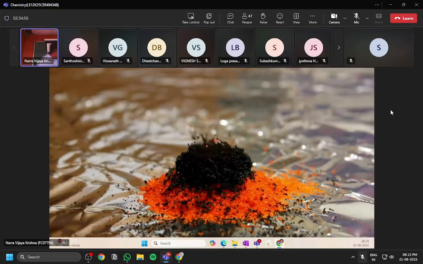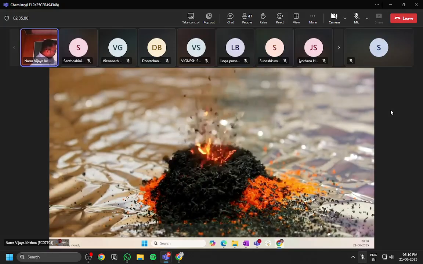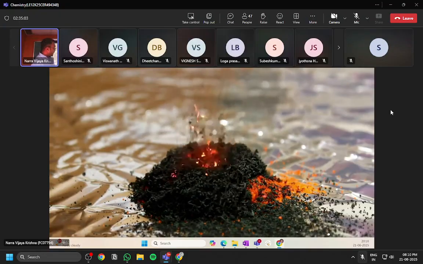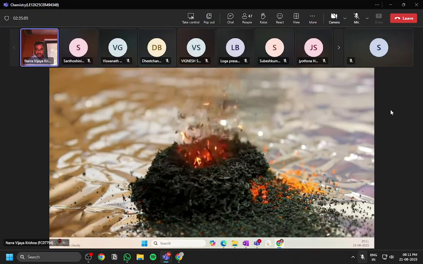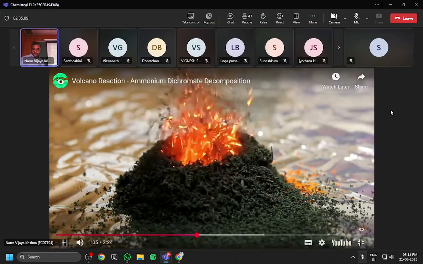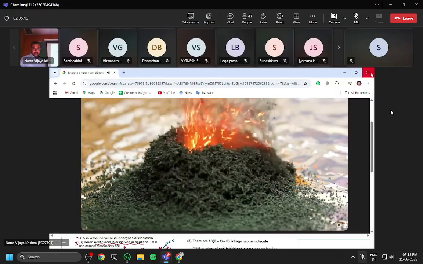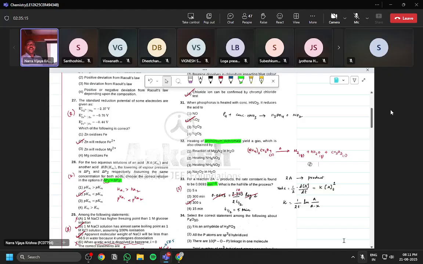So N2 gas and steam is evolving out. Cr2O3 is sprayed out. It looks like a volcanic eruption, right? Done. I'm removing, closing it. Very, very important reaction, right?